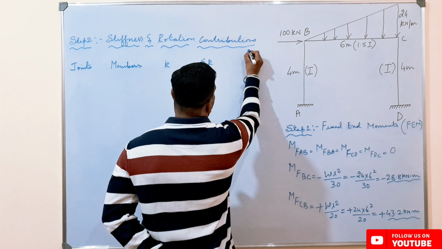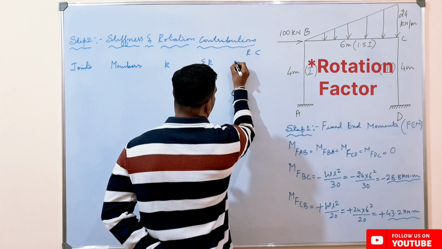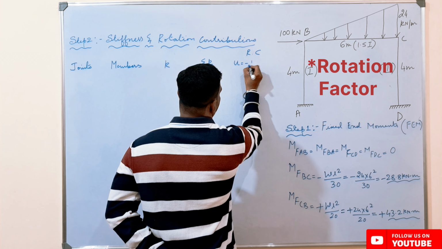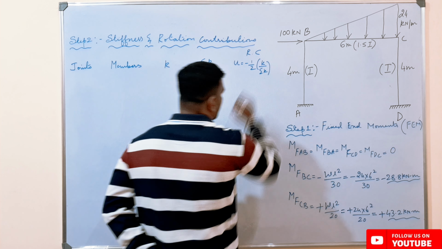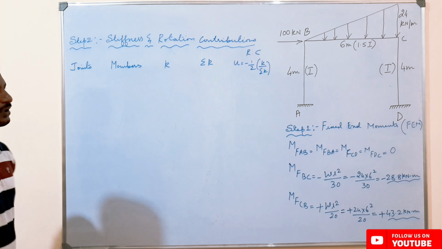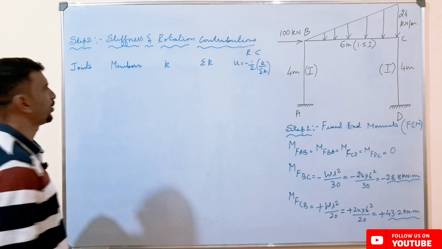Then we will calculate the rotation contributions, which is represented by U is equal to minus half into K upon sigma K. This is the formula we need to use for calculation of rotation contributions.